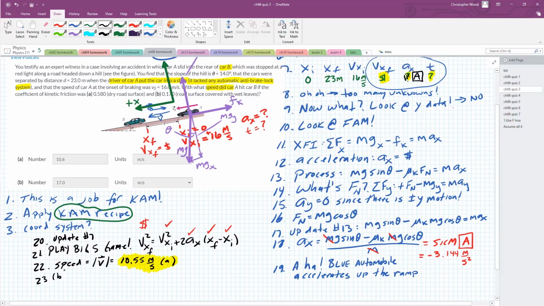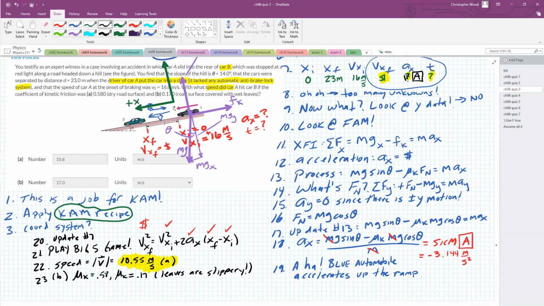So for part B, everything's the same, except instead of the coefficient of kinetic friction equaling, in my case, 0.5, mu sub k now equals something less, for me, 0.17, because it's slipperier. Wet leaves are slippery. So now much more dangerous, much more sliding. So go ahead, repeat everything.